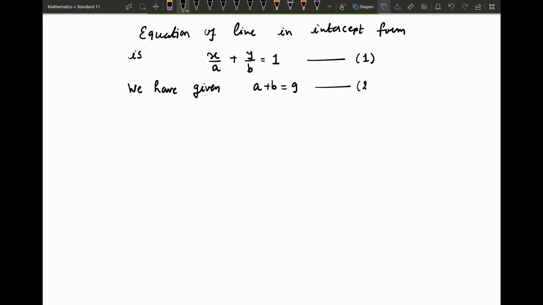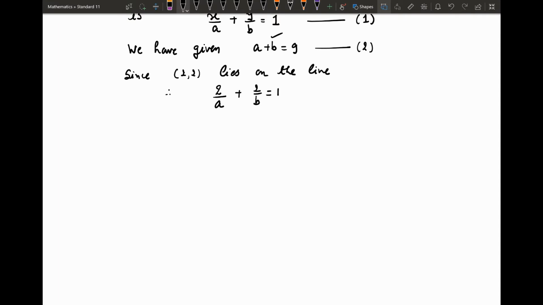Sum of the intercept is 9. Say equation 2. Since point 2, 2 lies on the line, therefore its coordinates will satisfy the equation: 2 by a plus 2 by b equal to 1. Now from equation 2 we have b equal to 9 minus a. We will substitute it here.